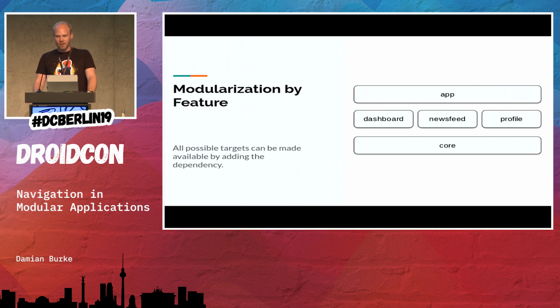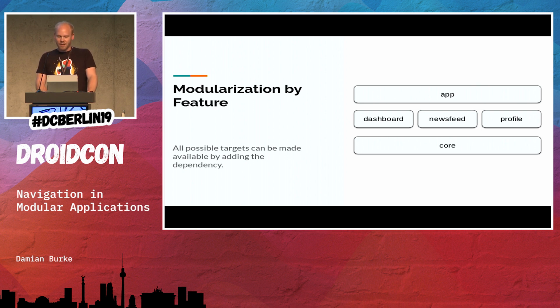If we look at modularization by feature, it gets a bit more complicated. To be able to navigate from one feature to another one, we would need to add a dependency. And if we do this for every single navigation graph or inter-feature navigation action, our dependency graph gets quite big and kind of out of hand. So it's not the cleanest solution.